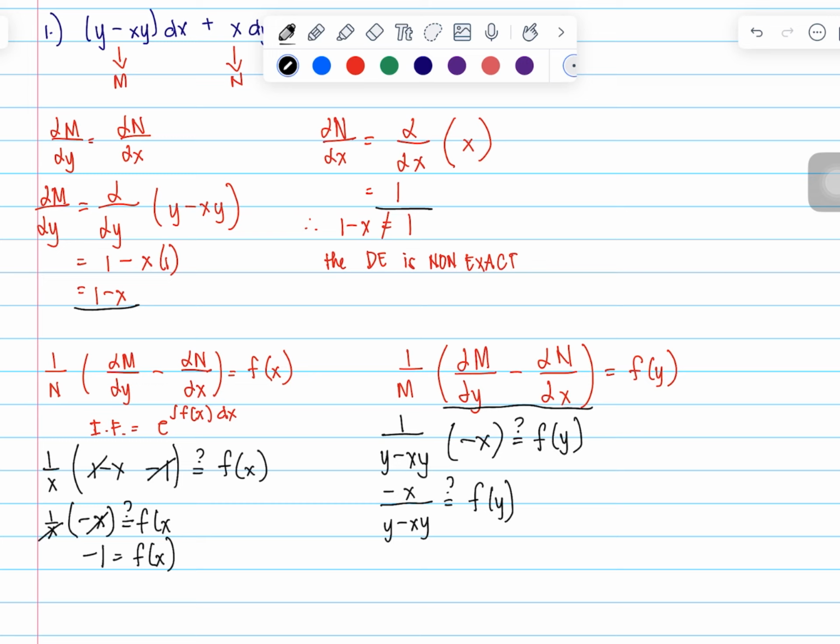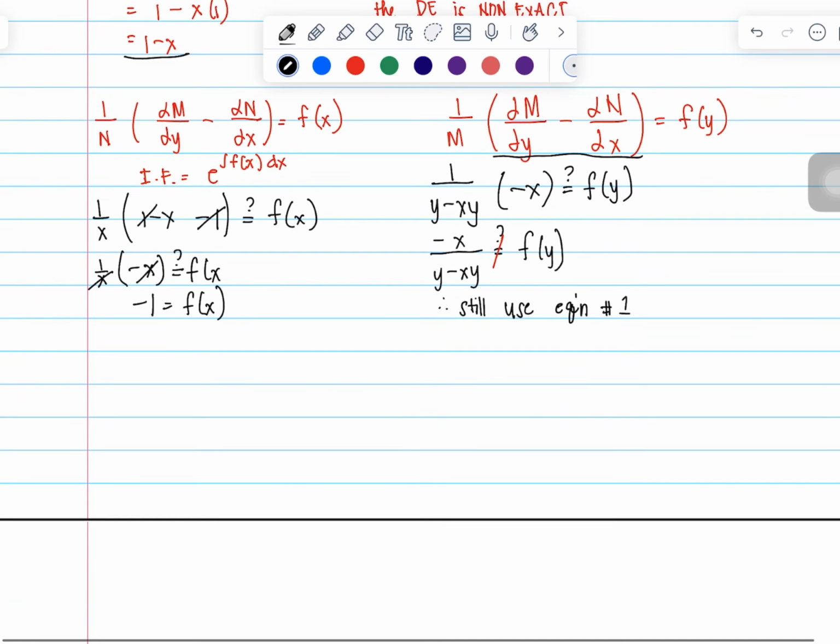It is not a function of y only, or a constant. Therefore, we still use equation 1. All right.